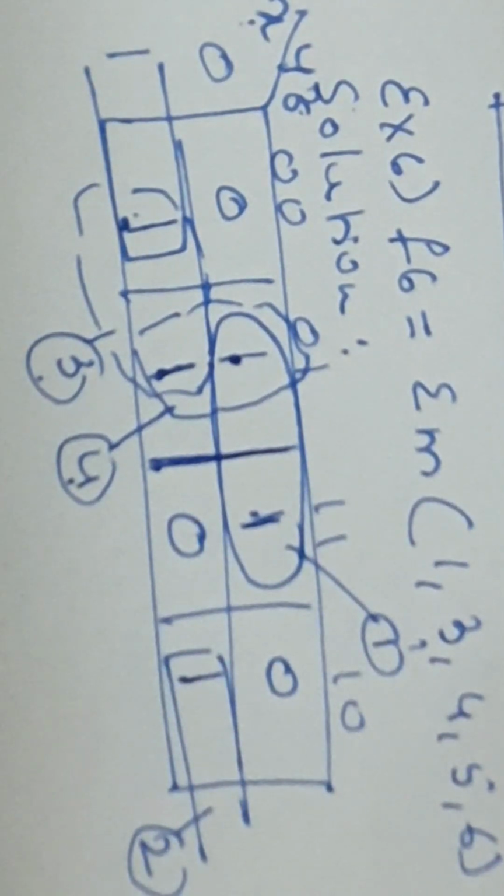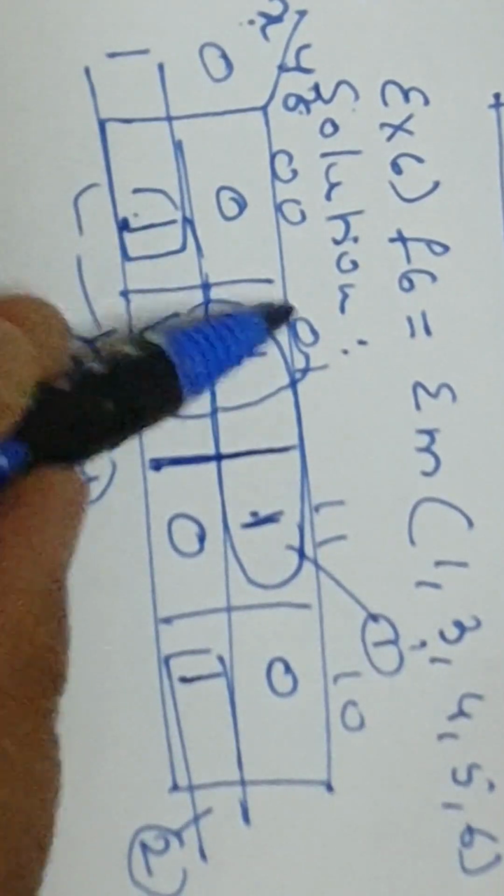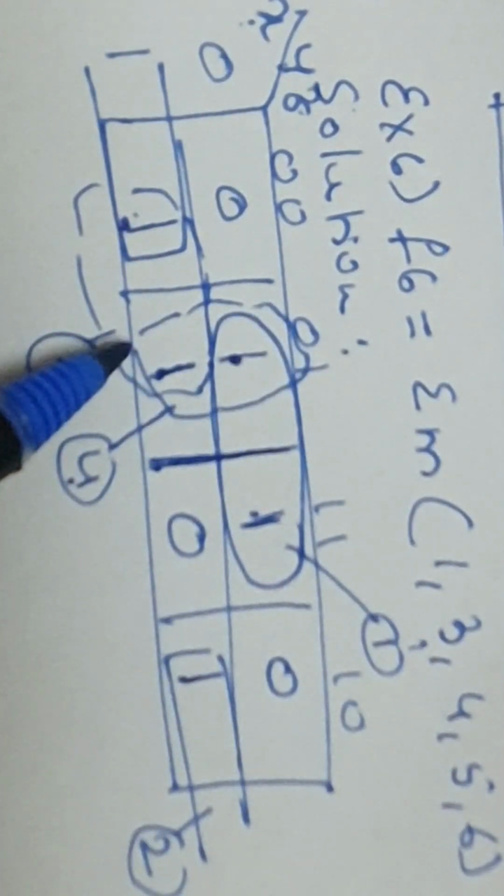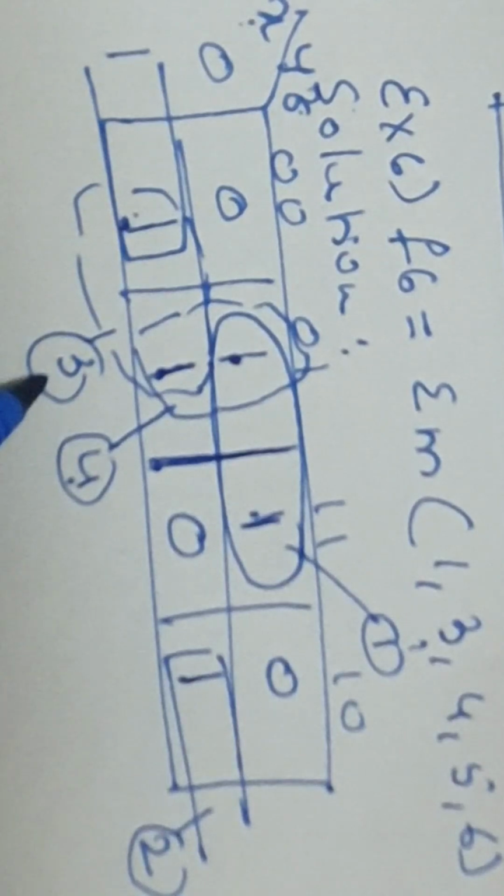In the earlier example, that group was a redundant prime implicant because two ones of that group were covered in other groups. So it was a repeated one, redundant, not used at all. Now out of these two here, any one has to be considered. Hence prime implicant 3 may be considered, or the prime implicant with respect to group 4. So the two prime implicants are called selective prime implicants.